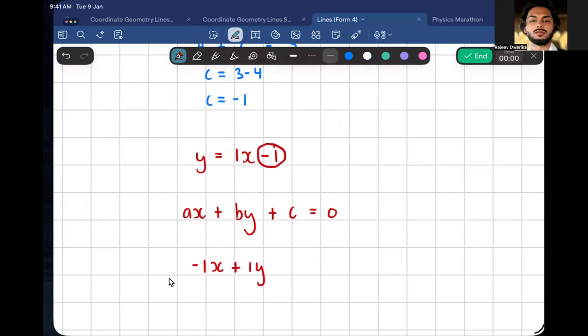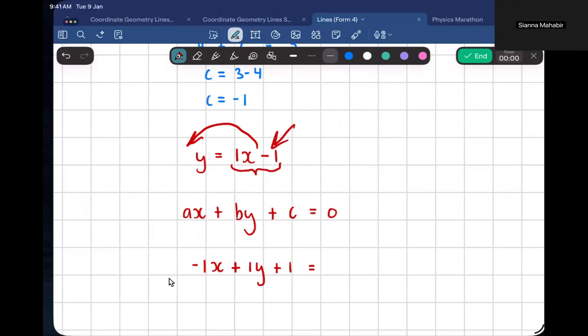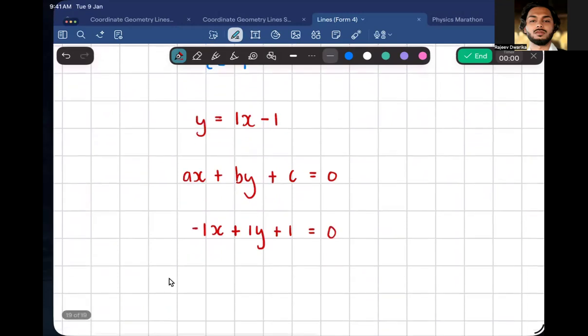If you move minus 1 across, what would you get? Plus 1. And since we moved across everything that was here, it's now equal to 0, because there's nothing left on that side. And that's the answer.